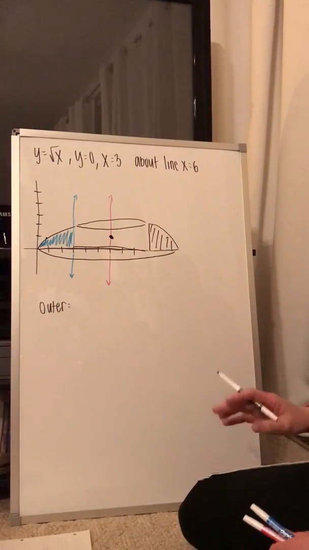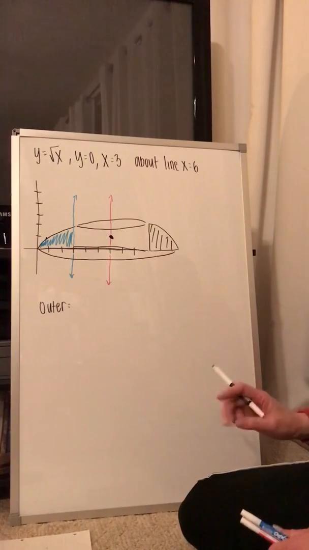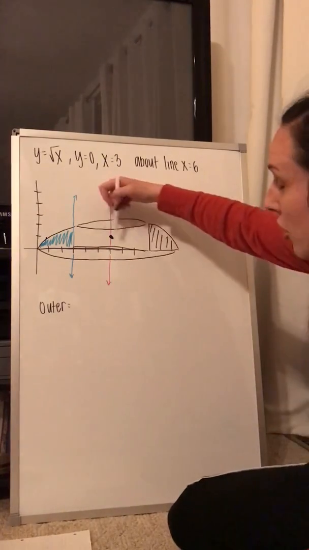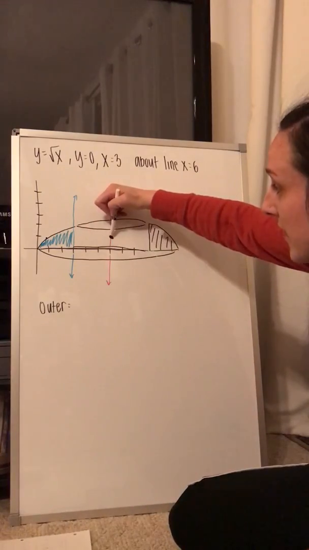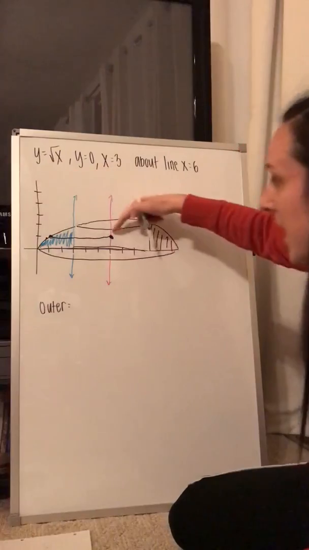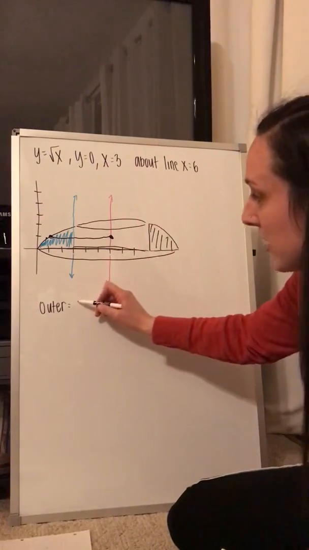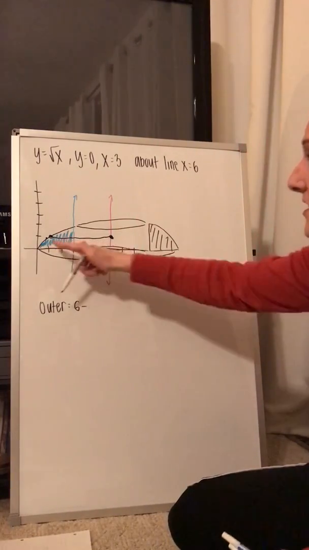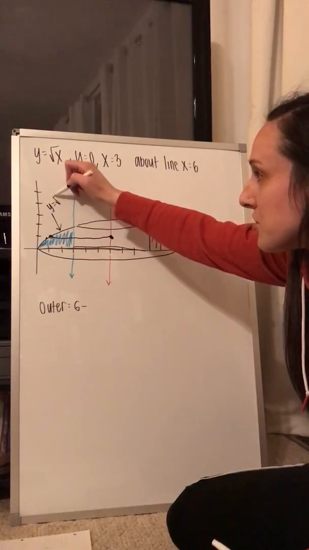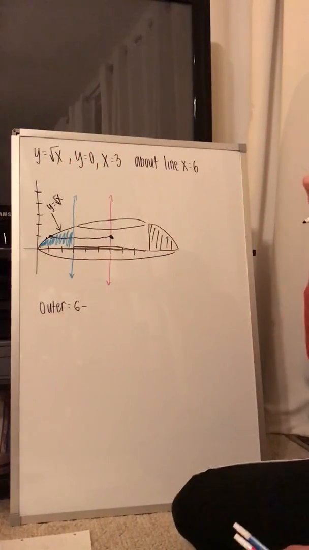And again, the outermost radius is always going to be the larger radius. So if I'm thinking about where the largest part of the radius is, if I extend this over to the edge of my graph, my outermost radius starts at the x value of 6 and extends to this piece of the curve y is equal to the square root of x, or not the line, it's a function.